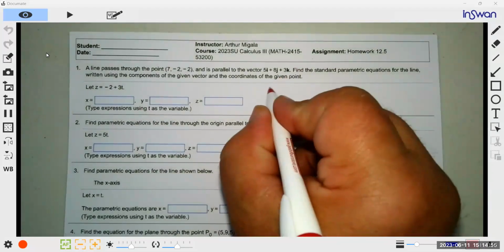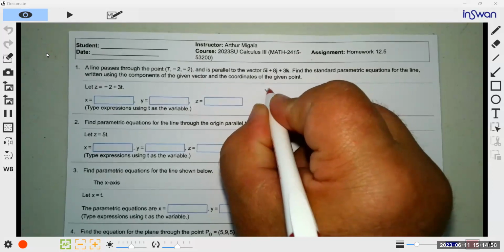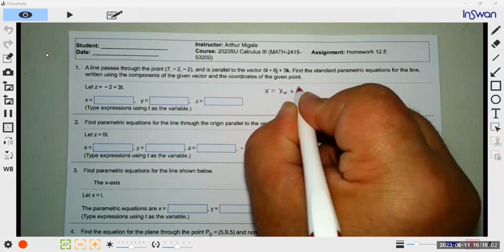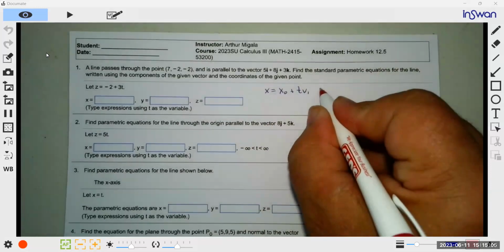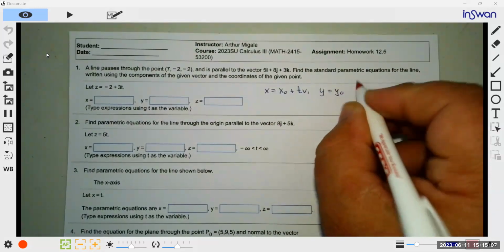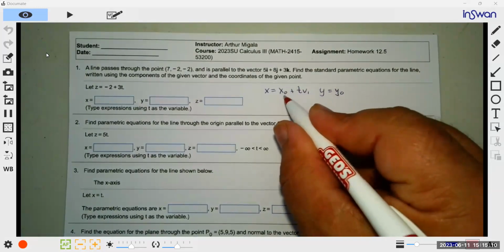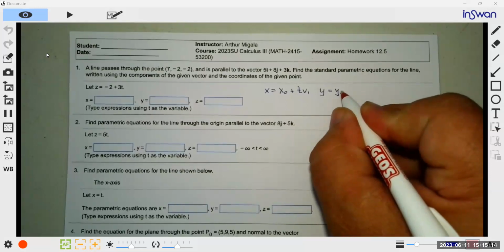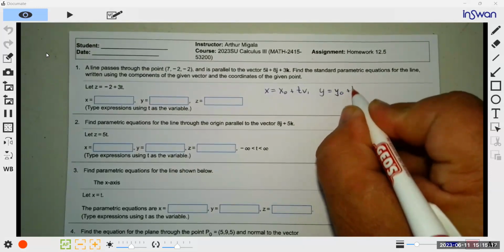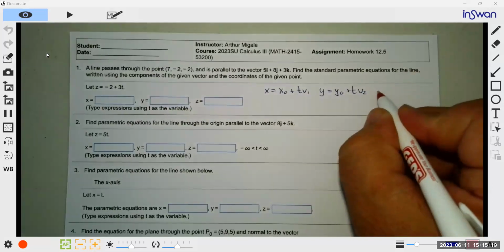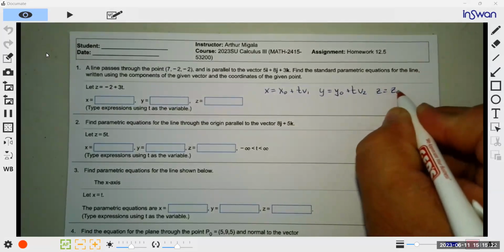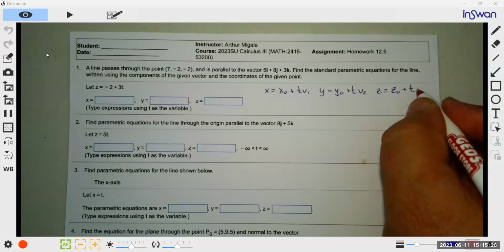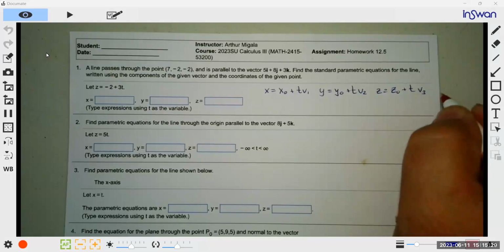All right, here we're looking at the vector components. x is x sub 0, the initial point, plus t times the first component of the vector. y is y sub 0 plus t times the second component of the vector, and z is z sub 0 plus some scalar value t times v3.